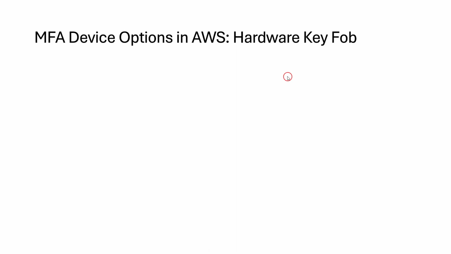Moving on to the next slide, that is hardware key fob. Finally, for highly regulated environments, where they are not allowing the use of a mobile app for MFA, or even a key, since the key has to be plugged into a system or mobile, in that case hardware key fob MFA devices will be used.